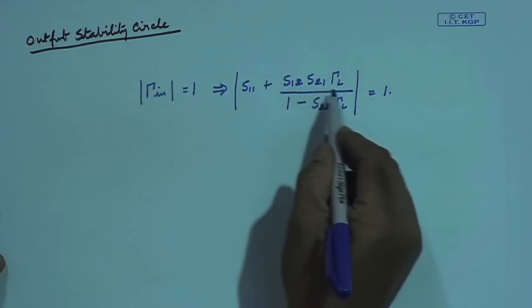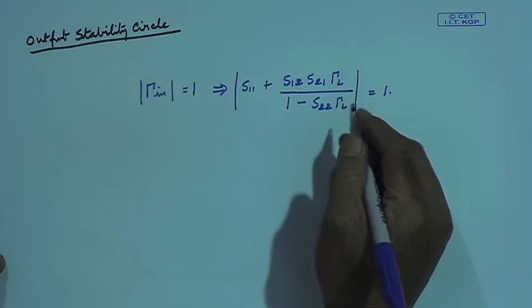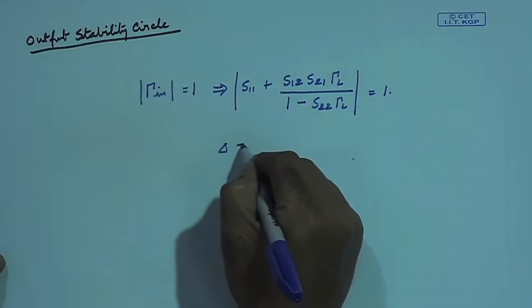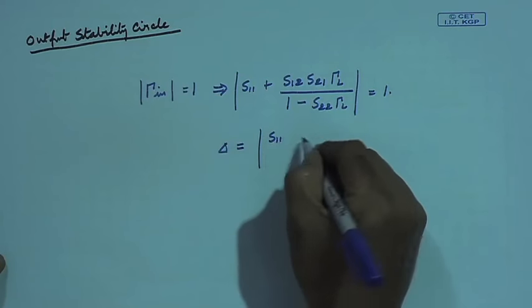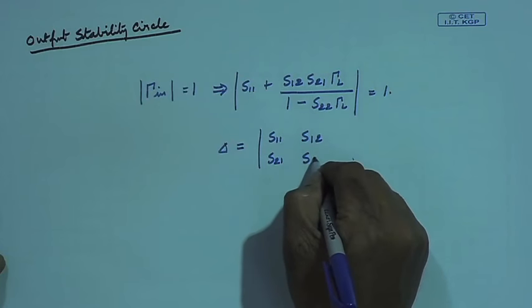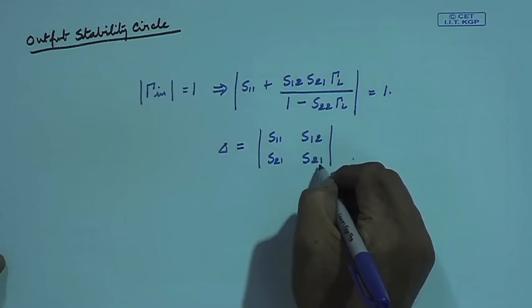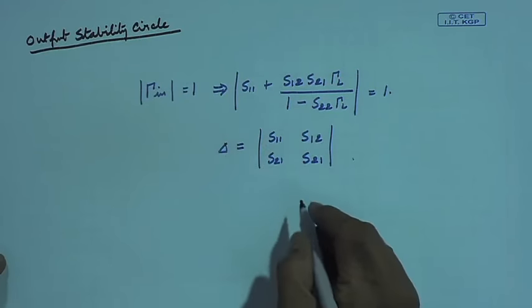Remember, these S values are all S parameters and gamma L, they are complex numbers. Also we can define this quantity delta as the determinant of the S matrix. So, delta is nothing but S11 S22 minus S21 S12. In general, delta is also complex.